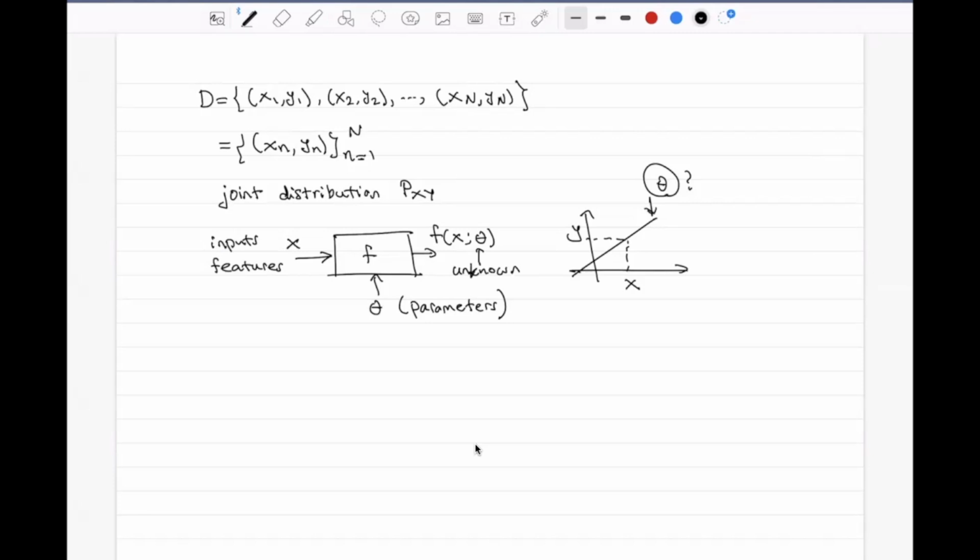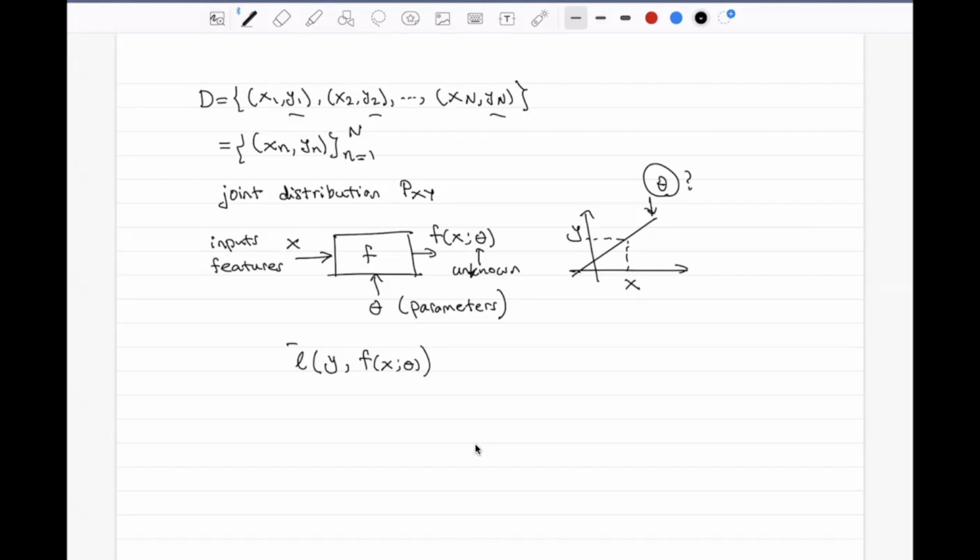So given this, now in order to find theta, we have to form something known as population risk. So the way this works, we assume that we have a loss function L that measures the difference between the actual output, which comes from your training data, and what you predict. And what we predict is this function f that we have.